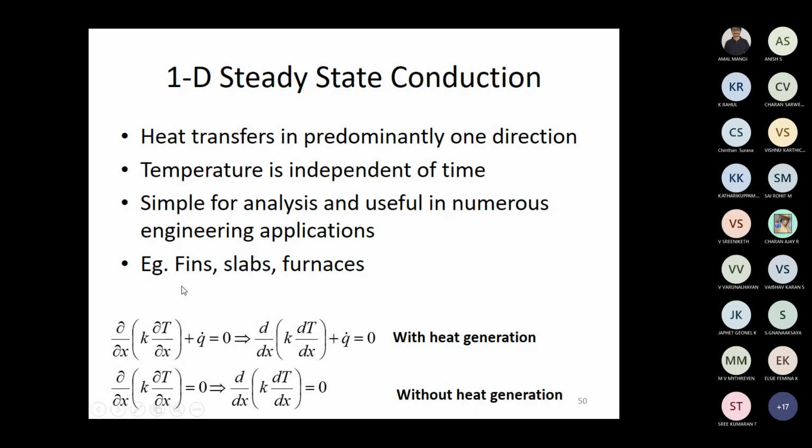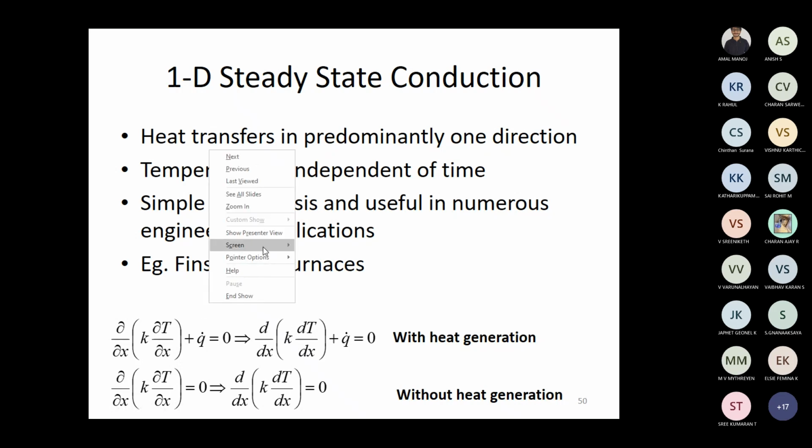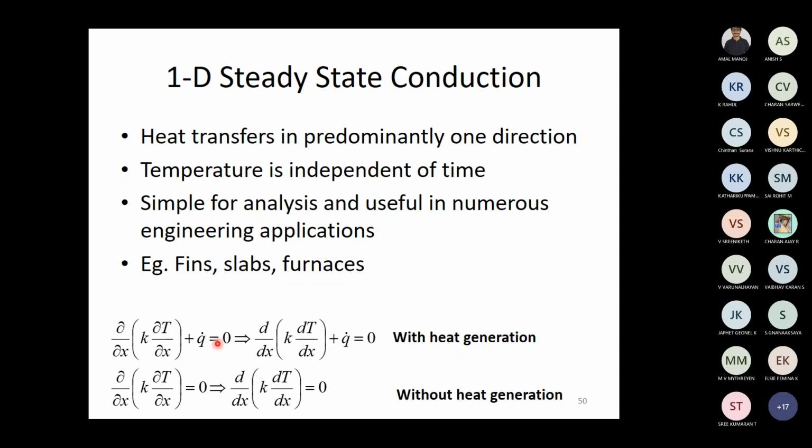Okay, so you see here, this is the one-dimensional heat conduction in Cartesian coordinates. The first term is written, the heat generation term, and the heat transient term is now 0. Since now the temperature is dependent only on x, it's not dependent on y and z directions, it's not dependent on time, these partial derivatives now will become ordinary derivatives.